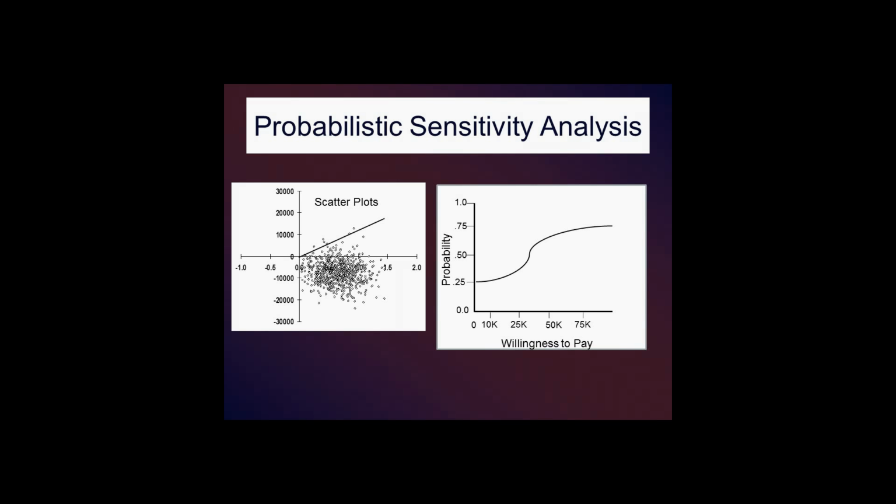Something like this says, I'm really uncertain. I did this analysis and I really don't know what to say, if you get a curve that looks like that. I've got some like that. I've got one where all the scatter plots, and this was screening for esophageal varices using PillCam versus endoscopy, right? And it was a lovely cluster all around the origin. And just saying, I can't tell which is better.